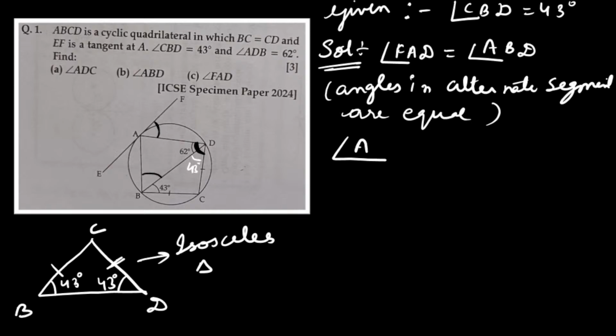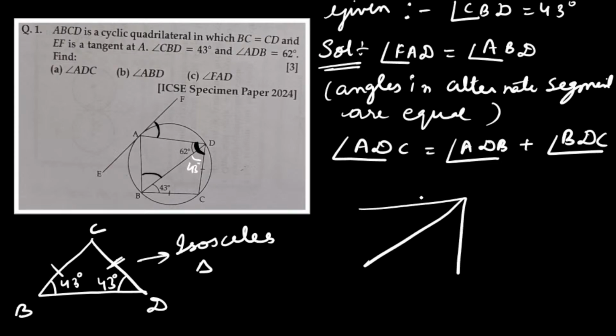ADC we have to find. Angle ADC. ADC is actually what? ADC is angle ADB plus angle BDC. So here I have angle ADC.